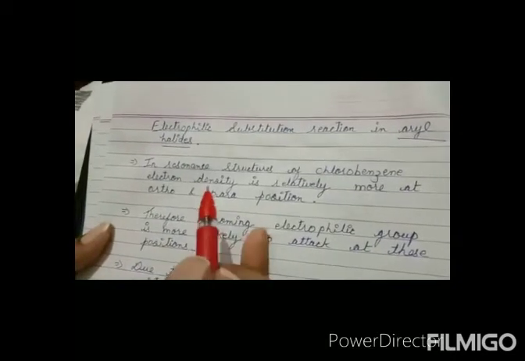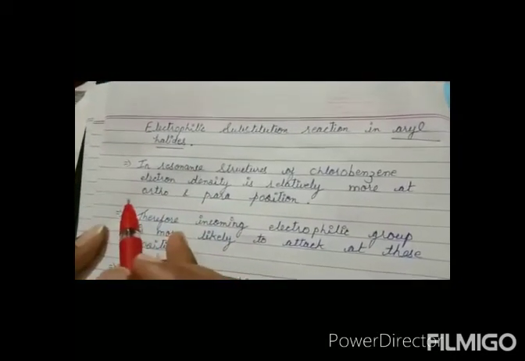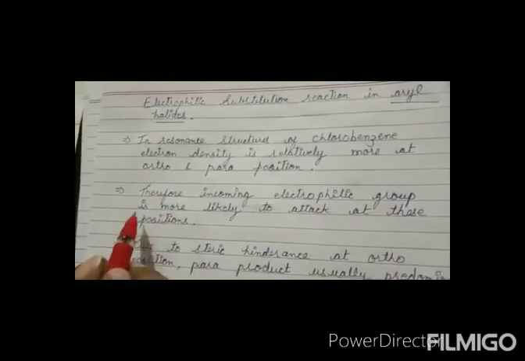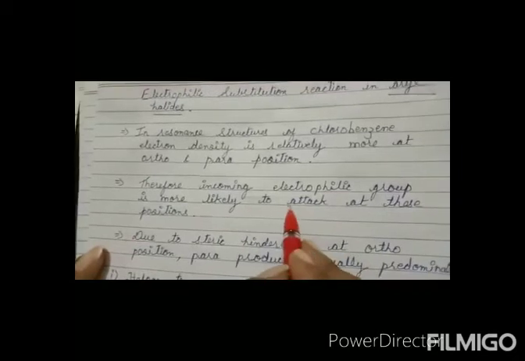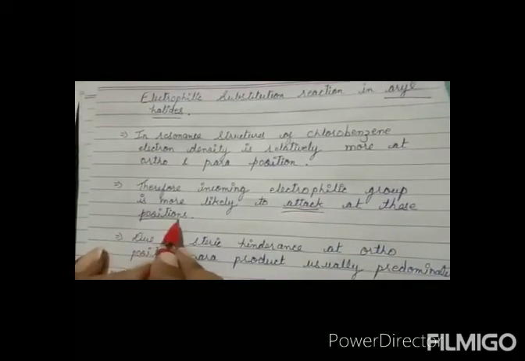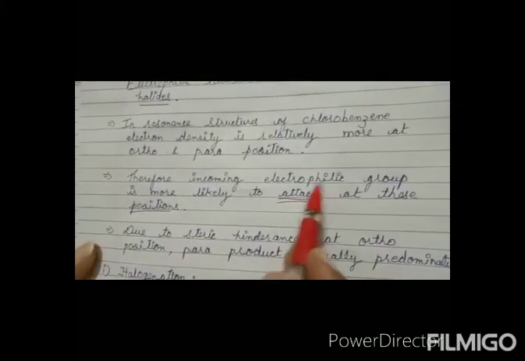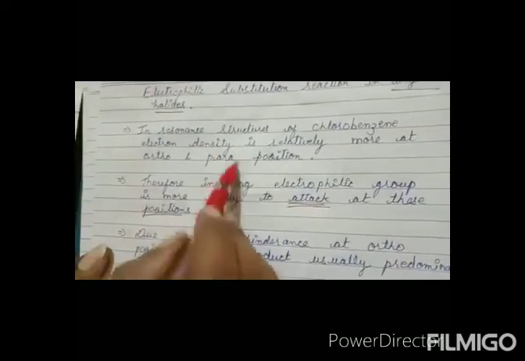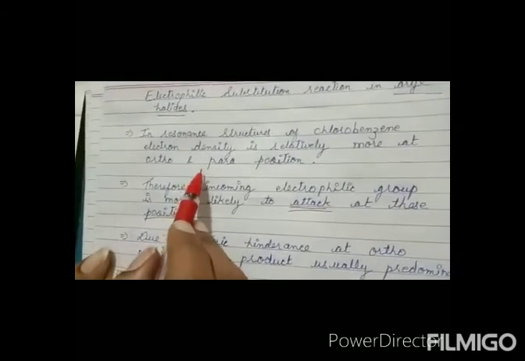This we have already seen in the resonating structures, where the electron density was more at the ortho and para position. So what happens? Because of that, the incoming electrophilic group is more likely to attack at these positions. Electrophilic group, electron loving group, so definitely it will attack at the ortho and the para position.